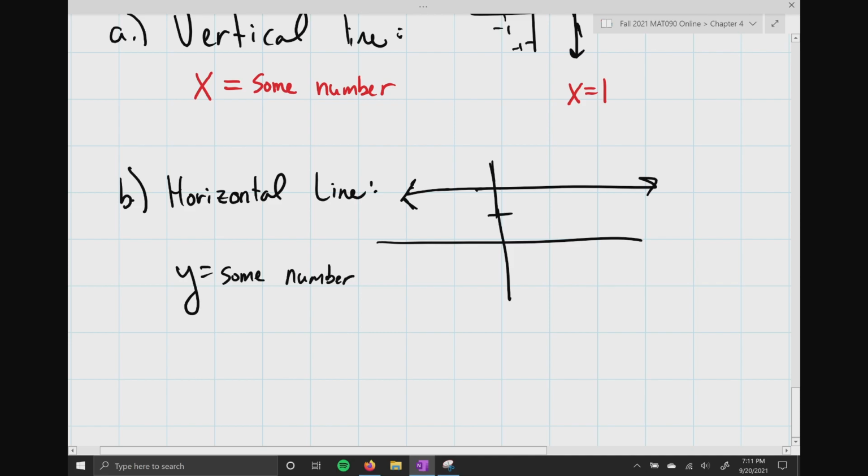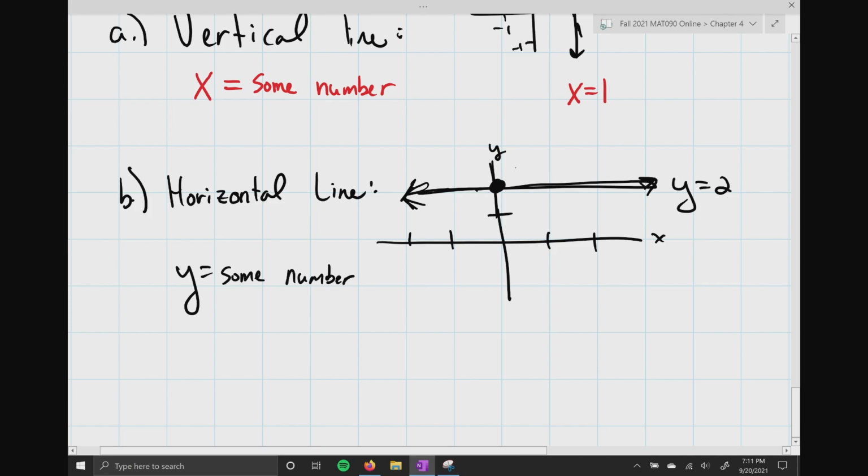Okay, so in this specific case, this is the equation y equals 2. Because if you think about it, what I did is I came up 2 units on the y-axis, and then I drew a line to the right and to the left, put some arrows on the end, and called it a day. So every single one of these points, no matter which one you pick, will all have something in common.